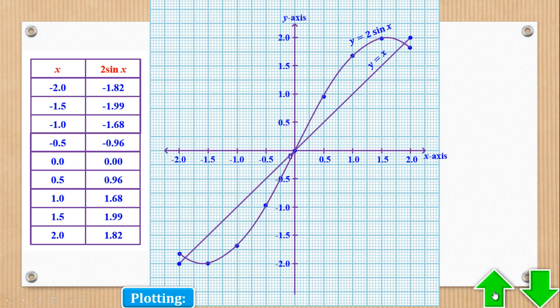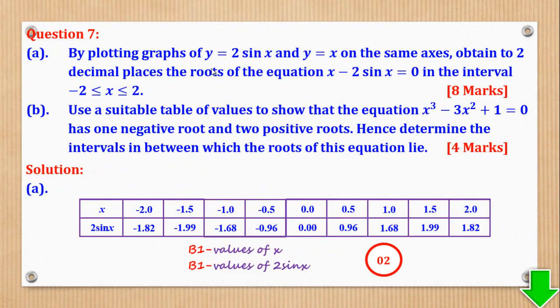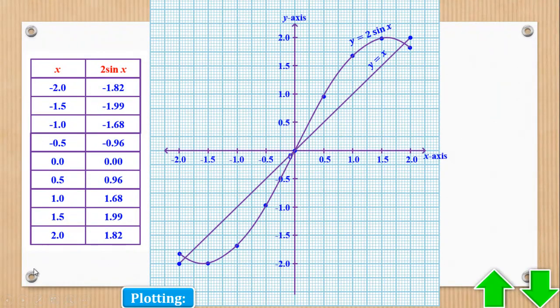That was part A. What did they want us to do with the graph? They said by plotting, obtain to 2 decimal places the roots of the equation. So the roots of the equation are the points of intersection. So at this point, there's an intersection, so we shall draw a vertical line up and read that value.